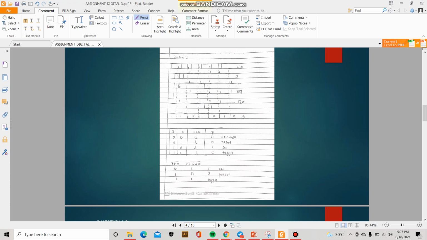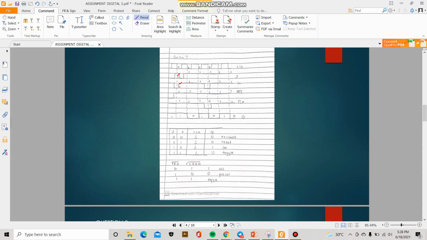preset and clear output. So for the first one, negative edge, 1 0, so the output will be 1. Then another one, 1 1, so the output will be toggle. Okay, another one, 1 1, so the output will be toggle again.